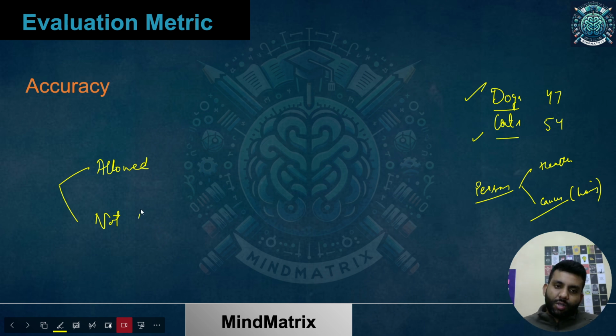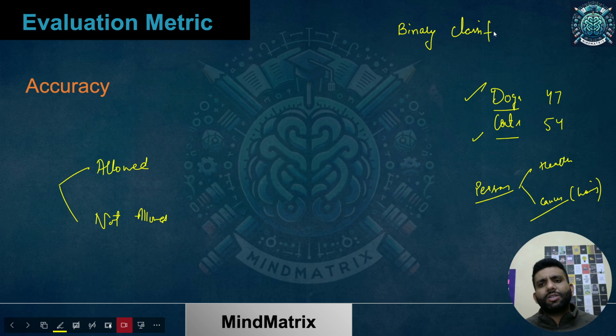Now, whatever problems I have told you over here are binary classification problems. These are just binary classification problems, and I will be dealing with only binary within these lectures. Binary classification problem means I have only two categories or classes to classify. I will be classifying input data into either of these two only. So there are no 3 classes, 4 classes, 5 classes.